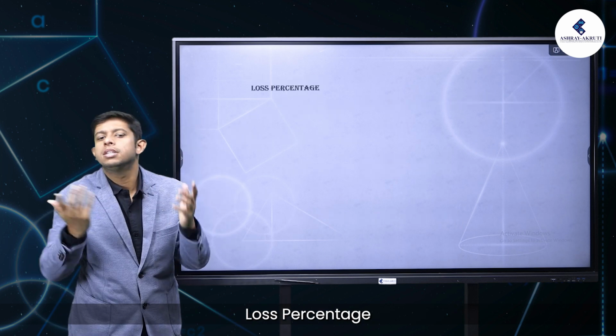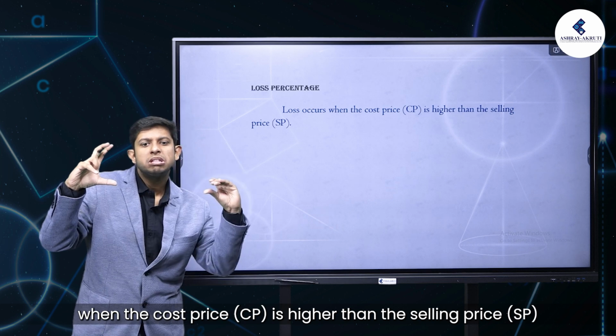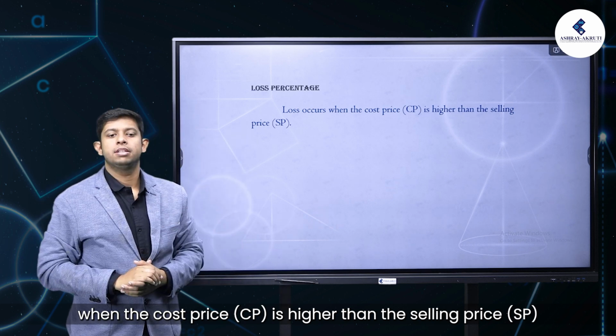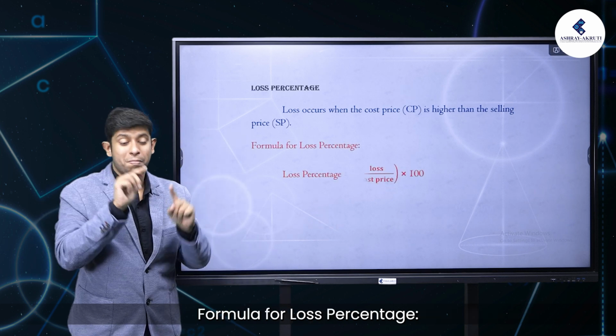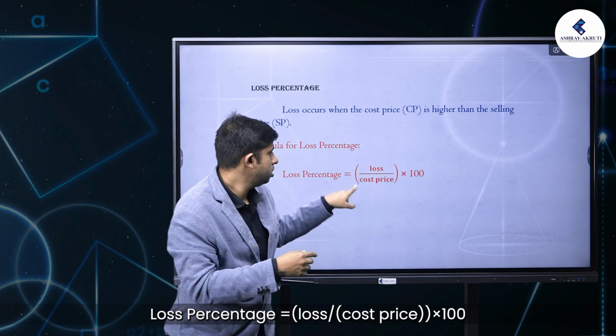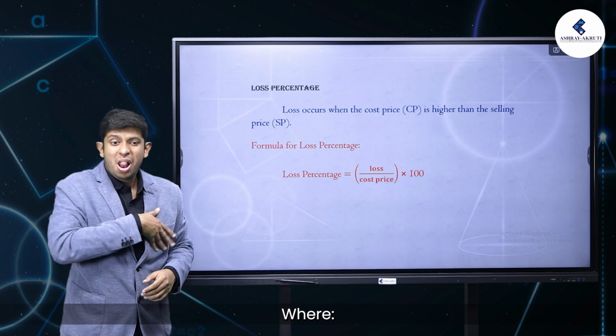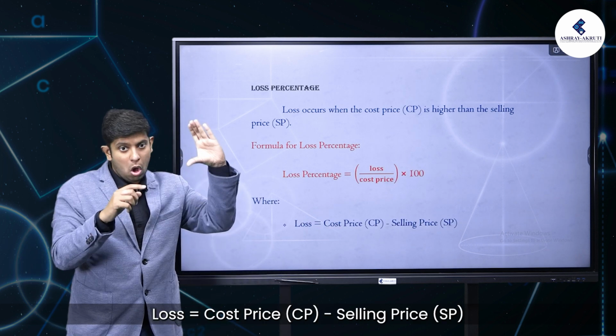Loss percentage. Loss occurs when the cost price is higher than the selling price. Formula for loss percentage: loss percentage equals loss by cost price into 100, where loss equals cost price minus selling price.